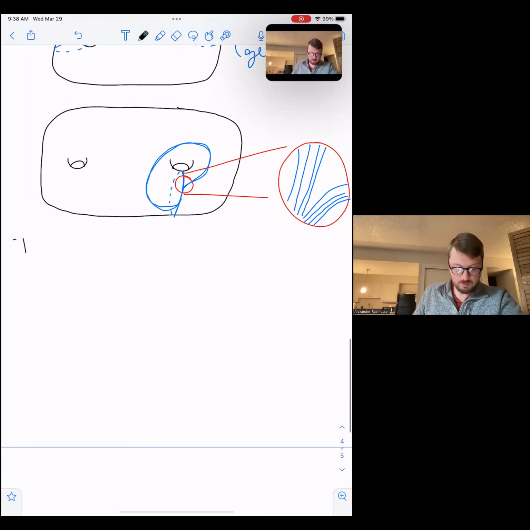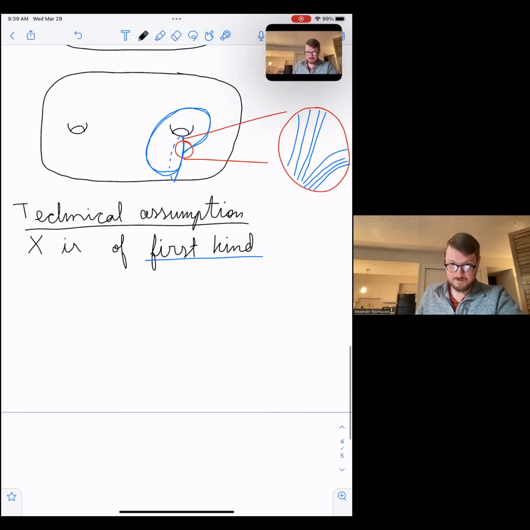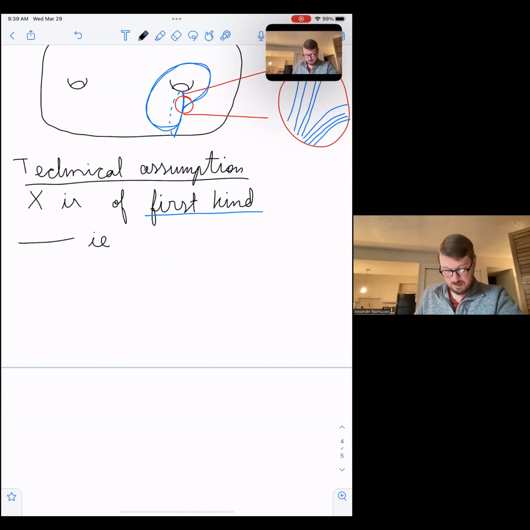So I'm going to make one more technical assumption on our hyperbolic surface, which is that X is of the first kind. What this just means is it contains no hyperbolic half planes.